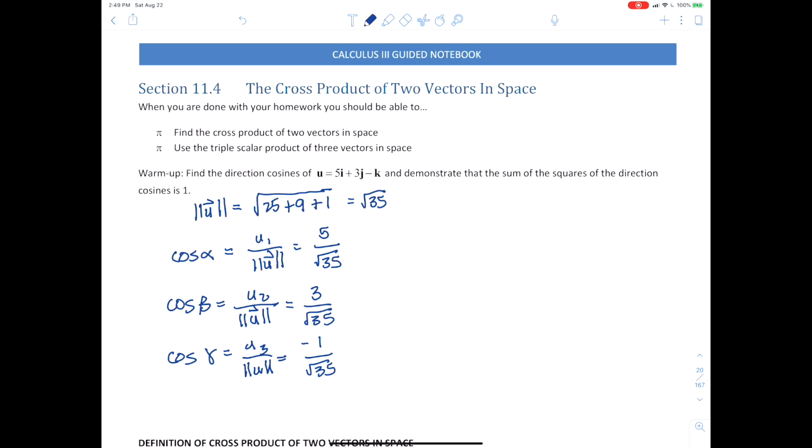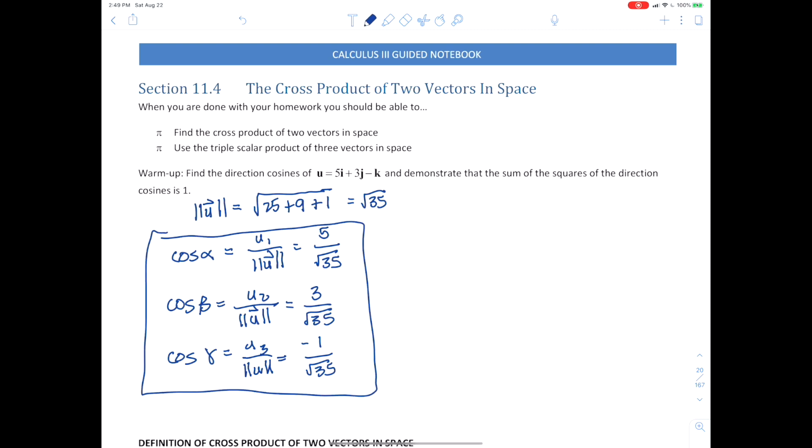So now our verification. These are our direction cosines, and then verification: 5 over root 35 squared plus 3 over root 35 squared plus negative 1 over root 35 squared.